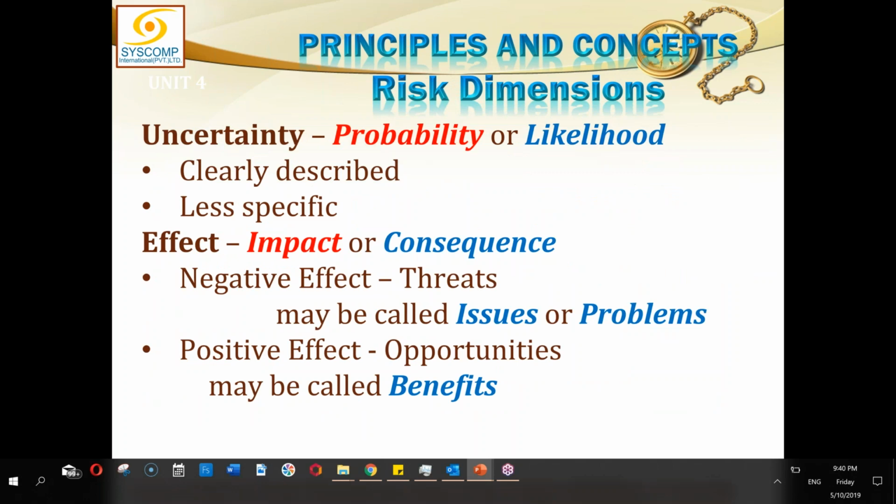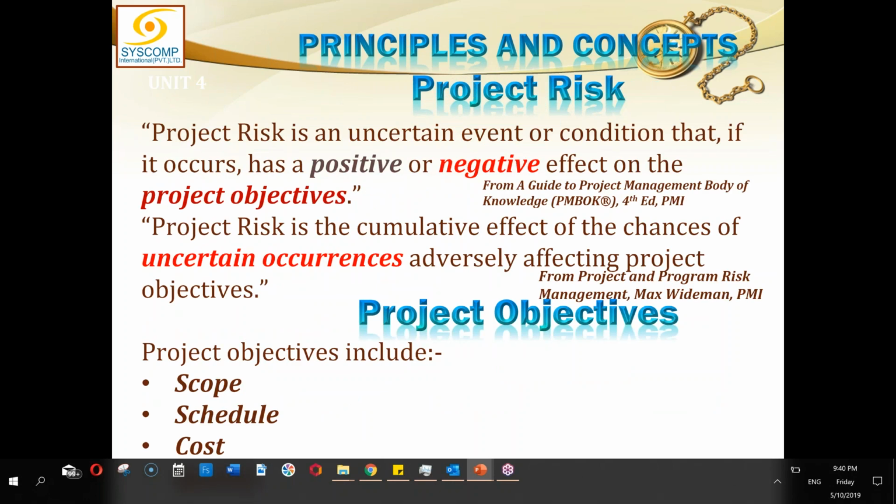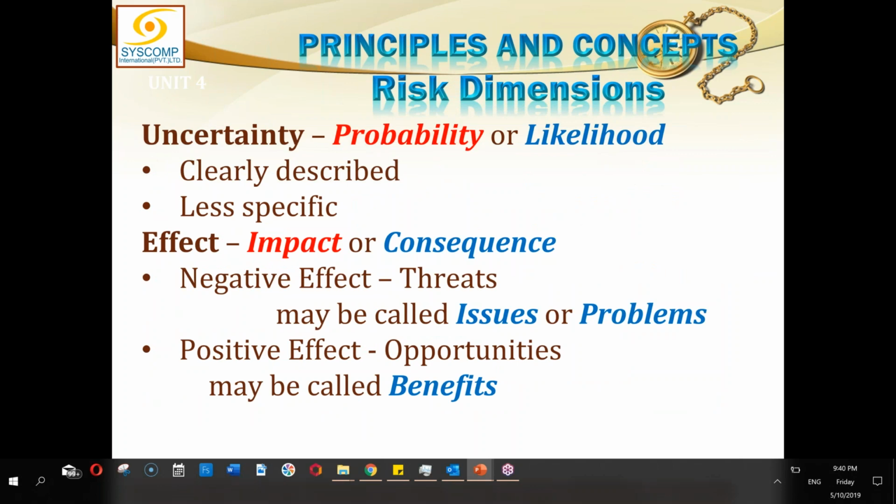Okay, we have already seen this slide and we have already talked about the project objectives and the project risk. About uncertainty, we do understand that this is the probability of something happening, or the likelihood, and it should be clearly described, which is not really possible all the time. It is less specific.